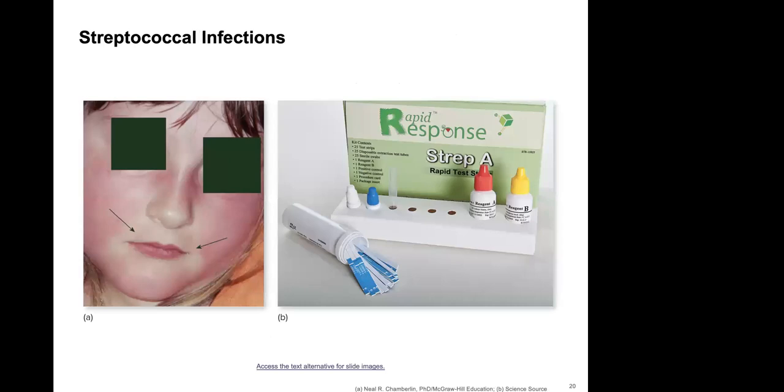Now, strep throat is not very common in adults, although not impossible. It is more common in children, and most pediatric offices will have these quick strep tests where you take a swab, go in the back of the mouth, and then mix it with the little reagents, and you look for a positive test. It's very similar to a COVID test, to how those are set up.